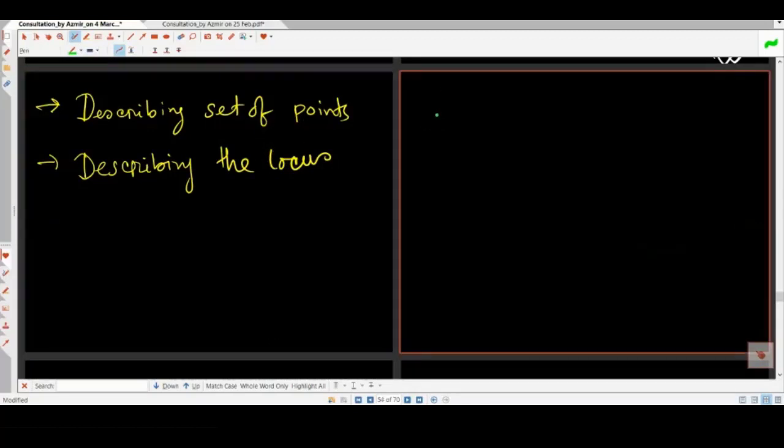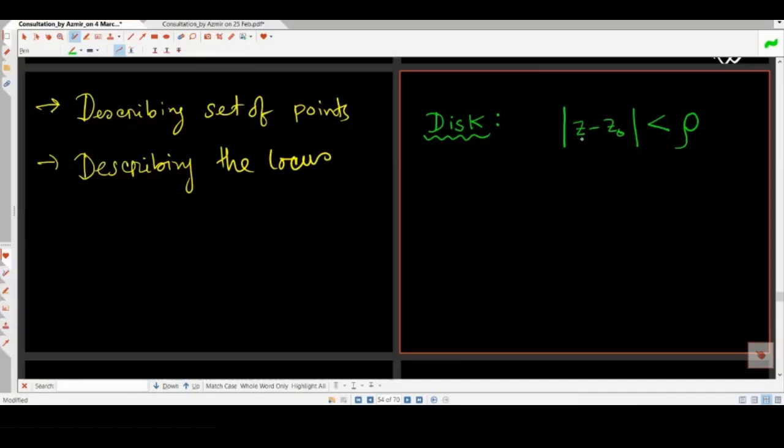So first of all, we need to know what is a disk. So let me write directly that suppose you have modulus of z minus z naught less than rho. Modulus of z minus z naught less than rho or less than or equal to rho. It depends sometimes.